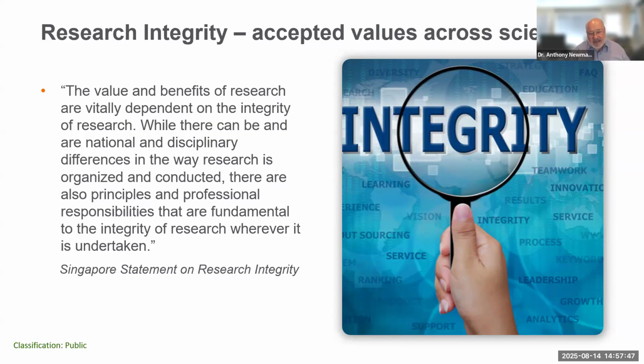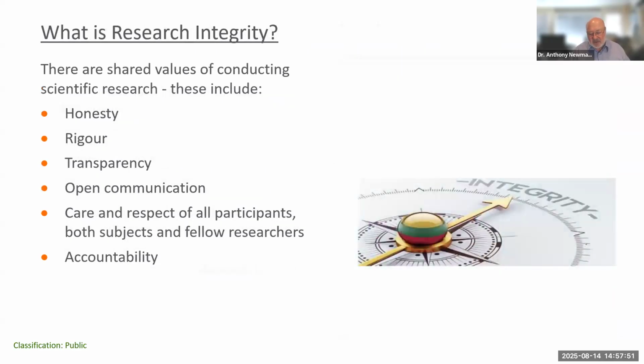So you have these accepted values across science. It varies a bit, of course, because every field and every country is slightly different, but overall, you've got this area of research integrity, where I think we can probably agree there is a common goal to all.